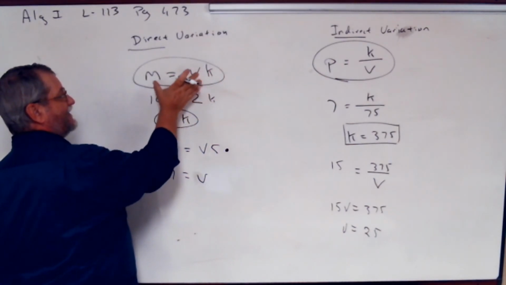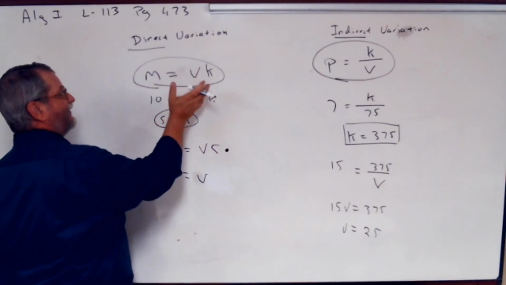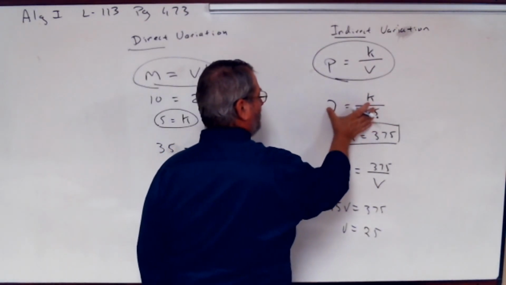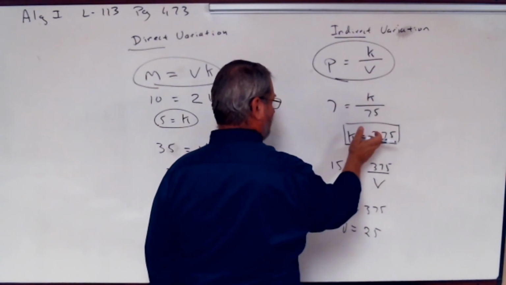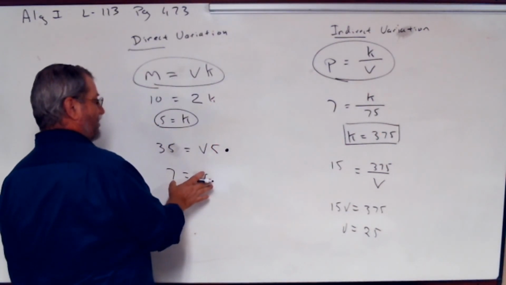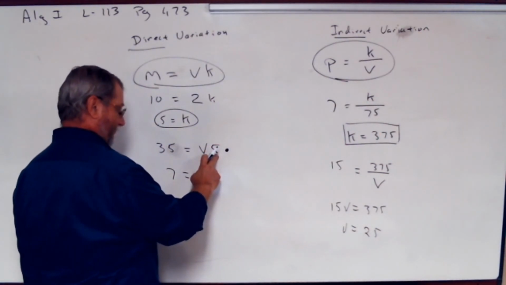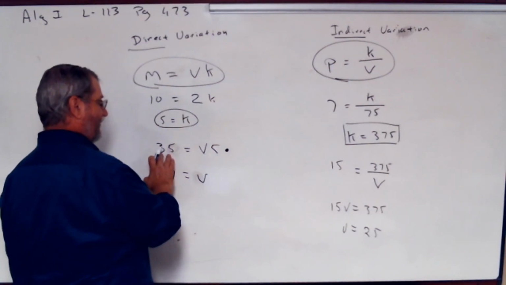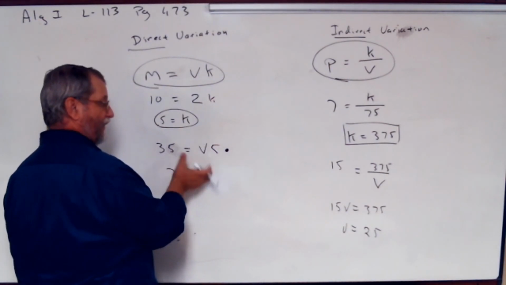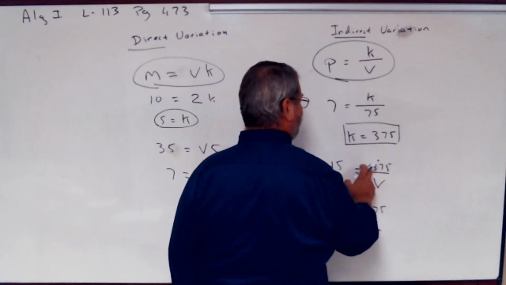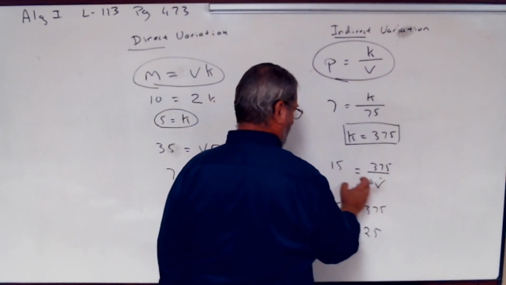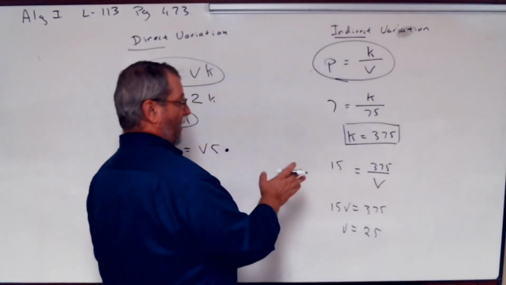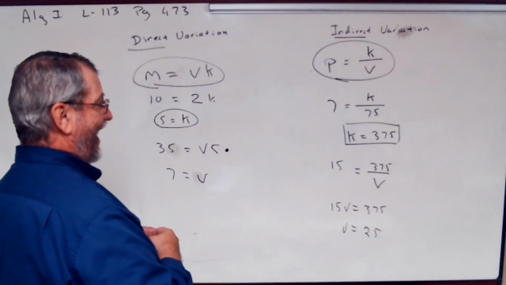Again, in both cases, they'll give us the originals, and we have to find the constant. We put down the equation again with the constant in it. They will either give us this variable or this variable, and we have to find the one we don't have.